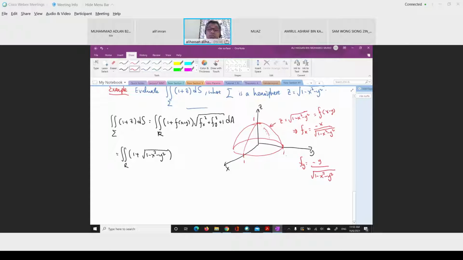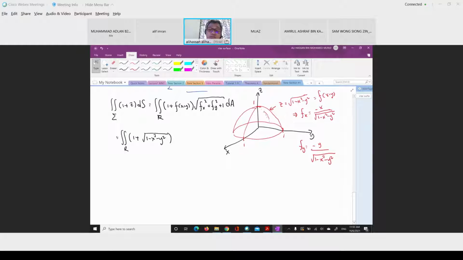So we want the squares. f partial x squared is x squared divided by 1 minus x squared minus y squared. f partial y squared is y squared over 1 minus x squared minus y squared, and plus 1.